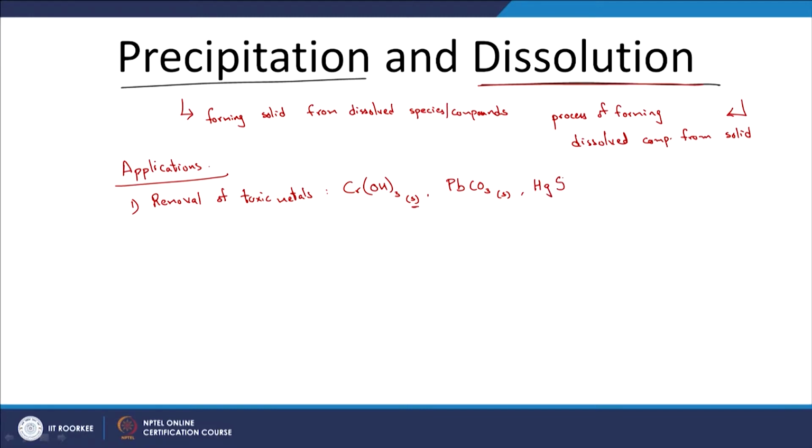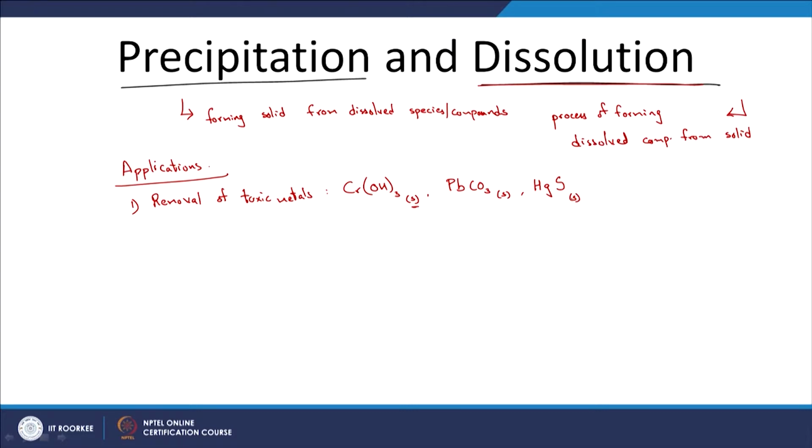If people can remember, we looked at an example of complexes of mercury and sulfide. Obviously here we see that the mercury and sulfide complex is a natural progression to the precipitation of mercury. So keep that in mind: precipitation is one of the most widely used methods for precipitating out or removing toxic metals from your solution.